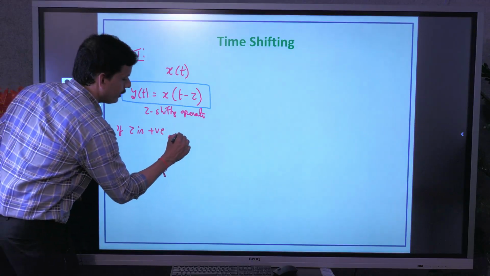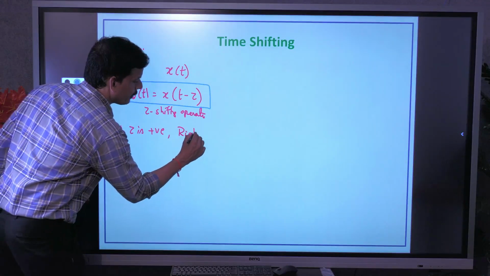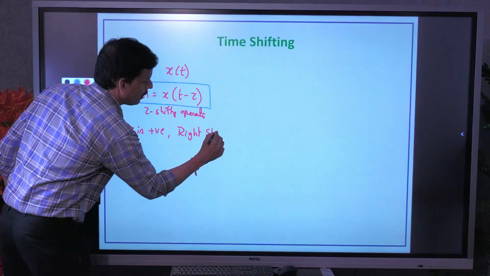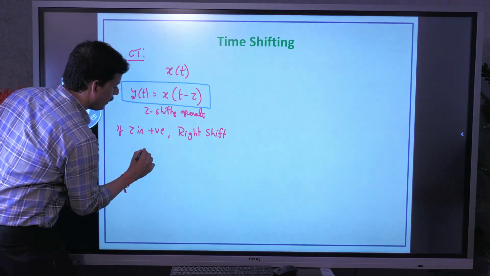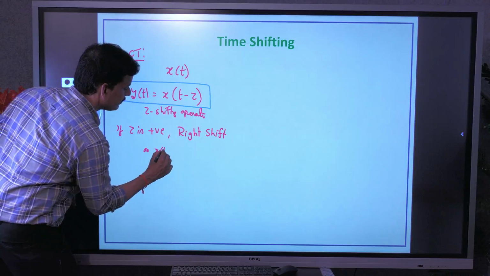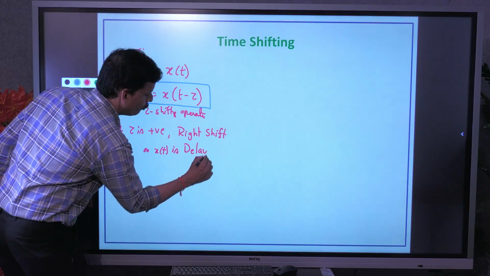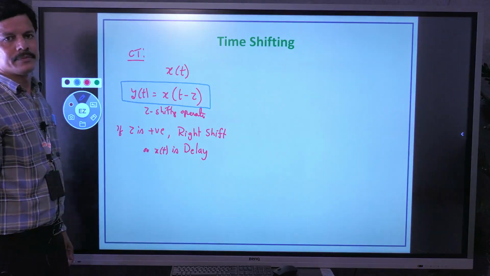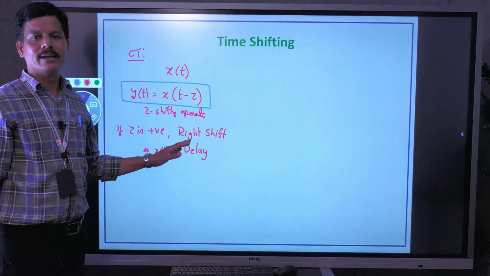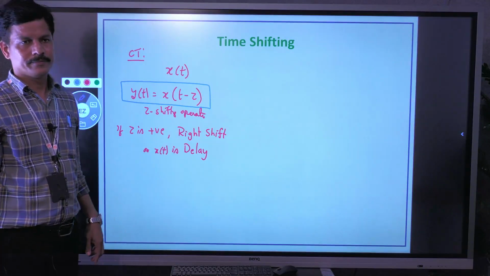Then it is called right shifting of the signal, or x of t is delayed, it exhibits delay.